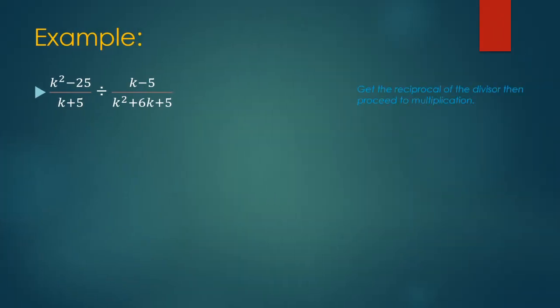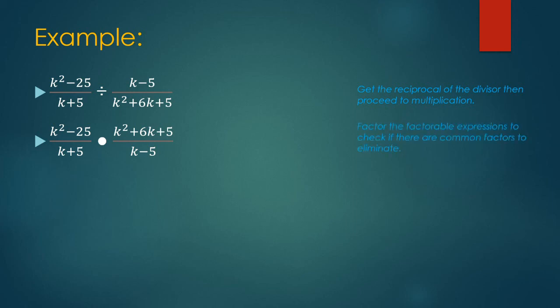Again, we will get the reciprocal of the divisor, then proceed to multiplication. So, that's the reciprocal of the divisor, and we changed the division operation to multiplication. Then, we will factor the factorable expressions to check if there are common factors to eliminate. Those are the factors of k squared minus 25 and k squared plus 6k plus 5.